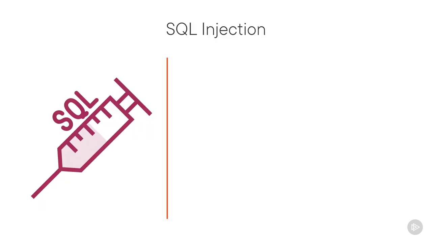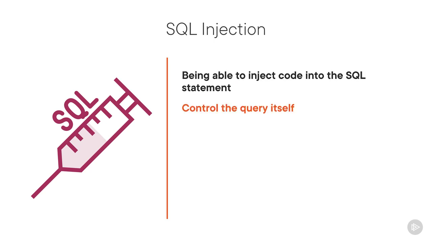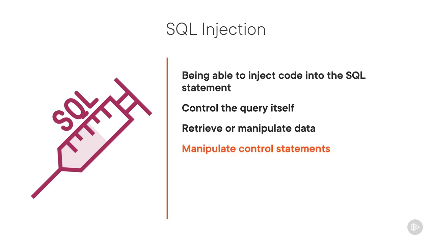You speak of SQL injection when you're able to inject code into the SQL statement itself. In other words, you control the query itself. And using SQL injection, you can retrieve or manipulate data. You can also manipulate control statements, like the statement we just saw, where a password is being compared to a password that the user entered.